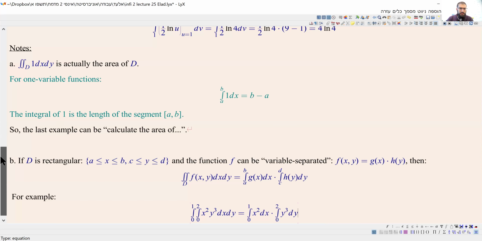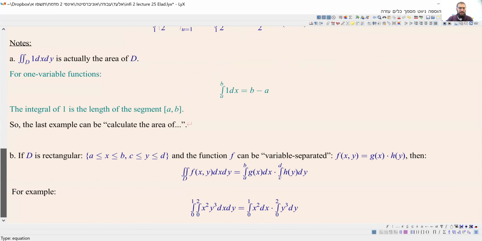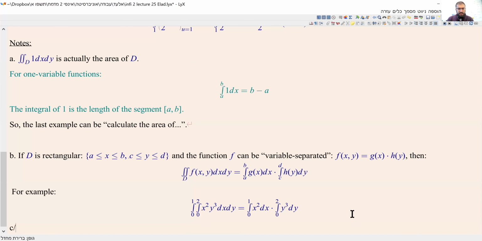Specifically here, it happened with 1 as the function of v, because v does not appear in this integral. Sometimes it's good. It helps us to calculate the integral shortly, simultaneously for x and y. So this is b.